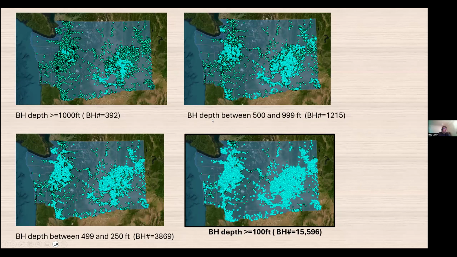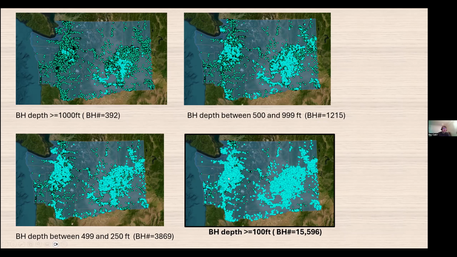So it's the depth between 500 and 999, so I'm just classifying that. If we look at boreholes with depth greater than 100 feet, there are 15,000 of them. What that means is that they are spatially distributed mostly in the I-5 corridor. However, the major cities in the I-5 corridor are vulnerable to earthquakes. So this might be good data for VS30 and soil amplification data, if we do a subduction earthquake.